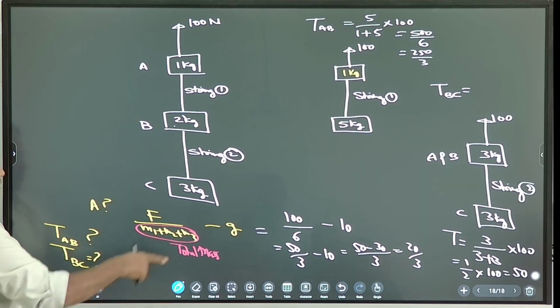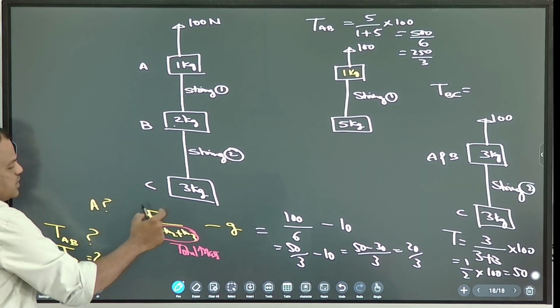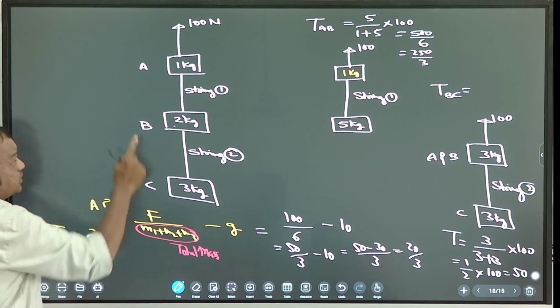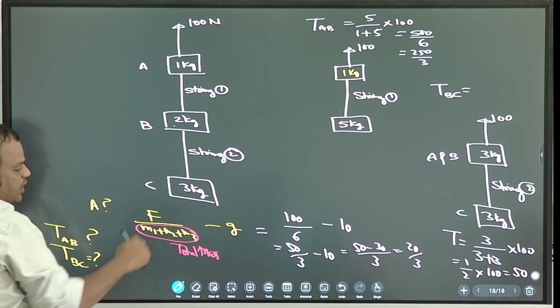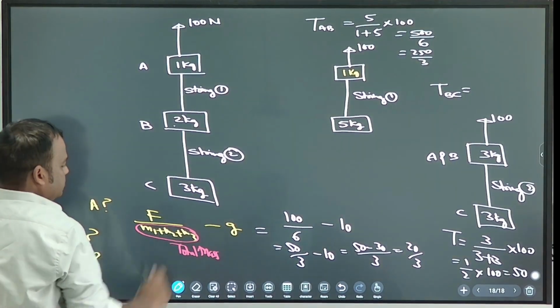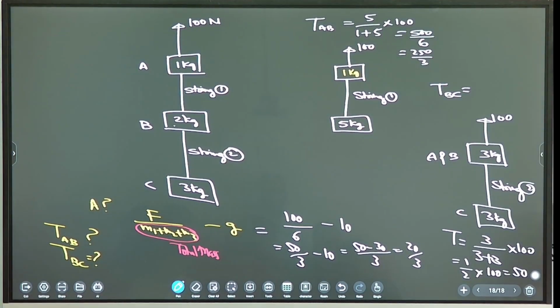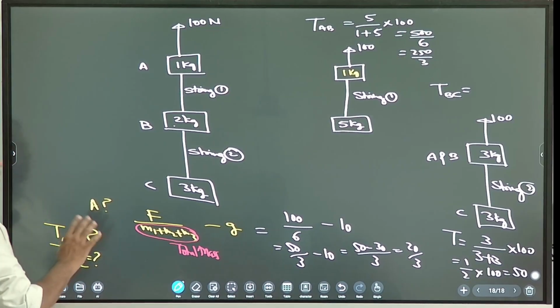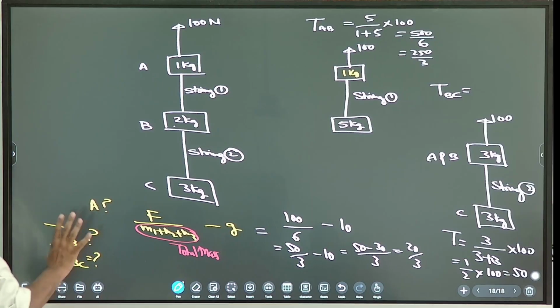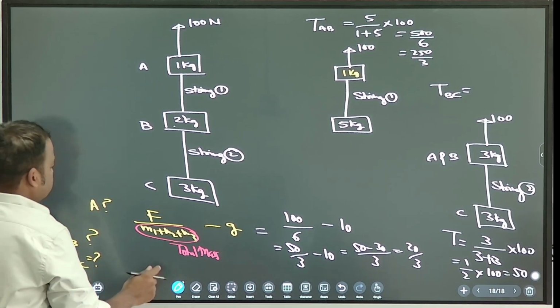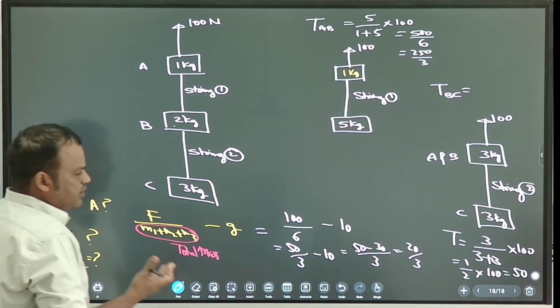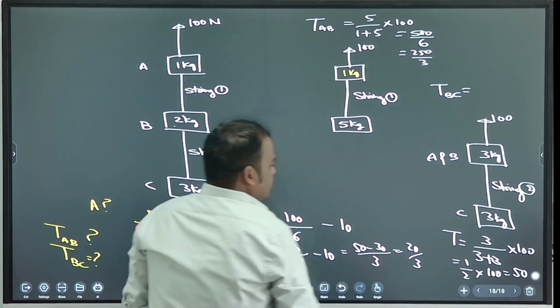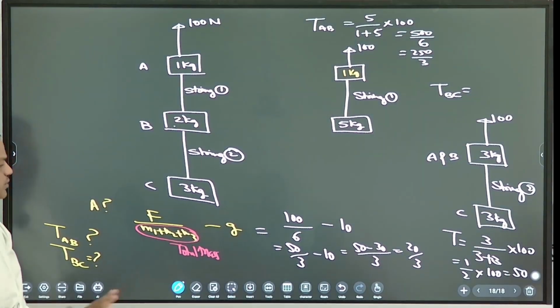This is the acceleration formula: acceleration is external force by total mass minus g. Understood? This is not an easy question, remember. It is above easy, average. So there are high chances this may come next year. Okay, done.